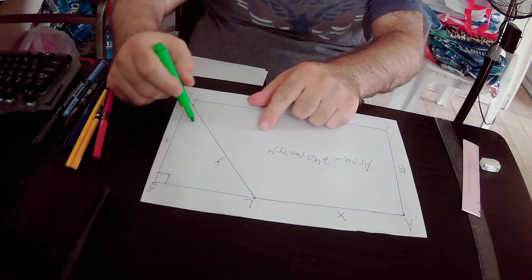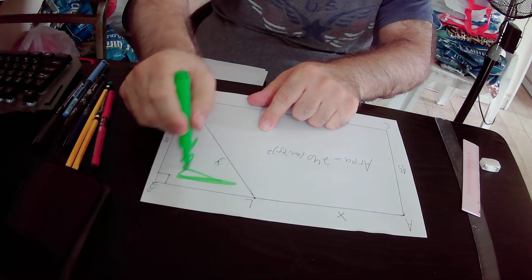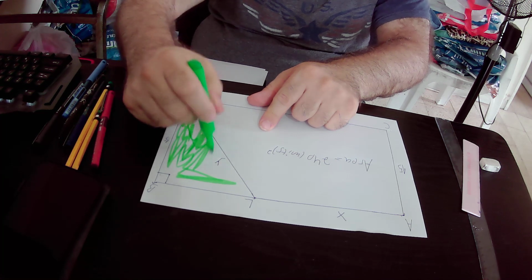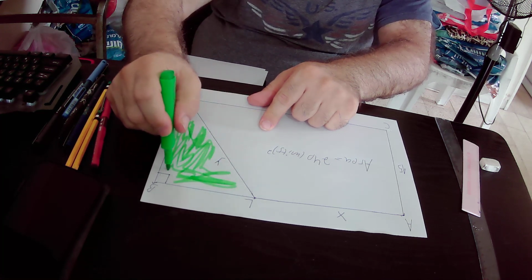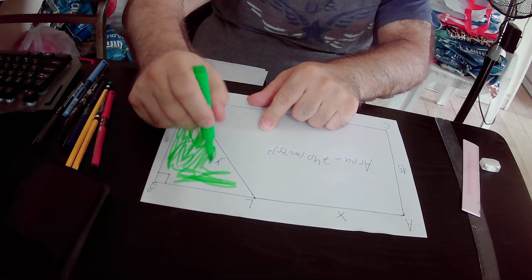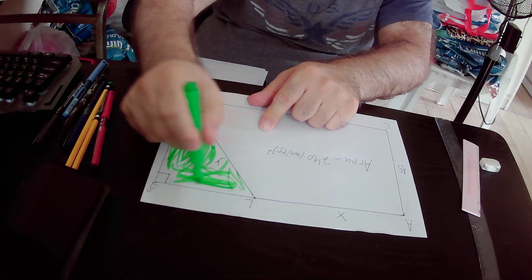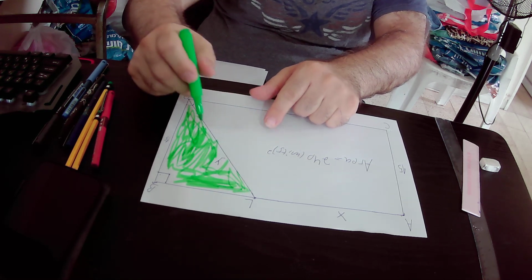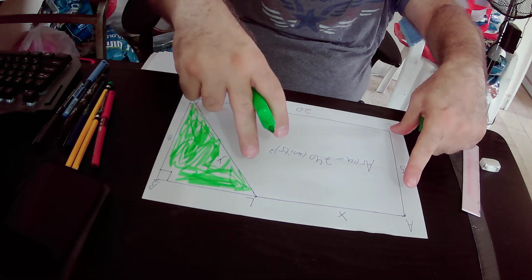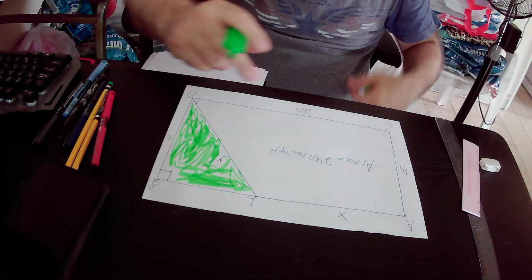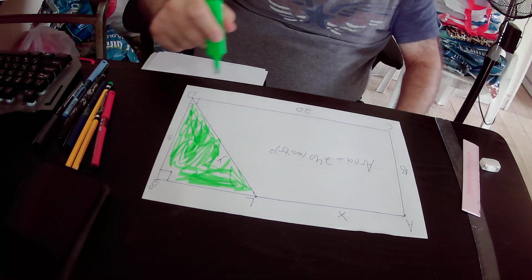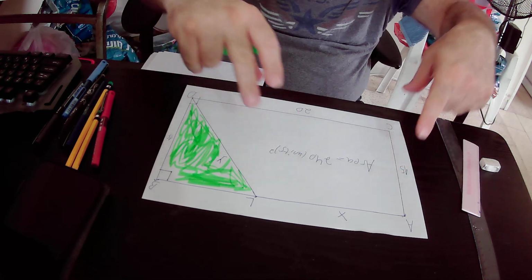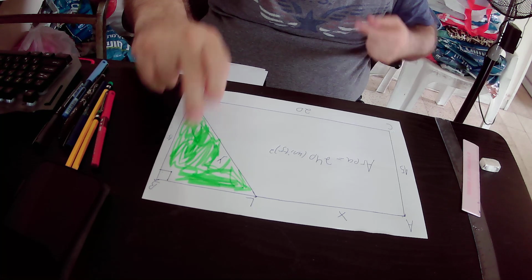Okay, so the area of the right green triangle will be equal to the area of the rectangle minus the area of the white shape, or the area of the rectangle minus the shape ALCD.